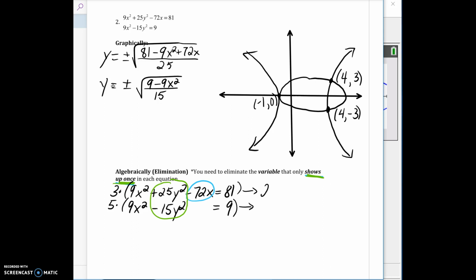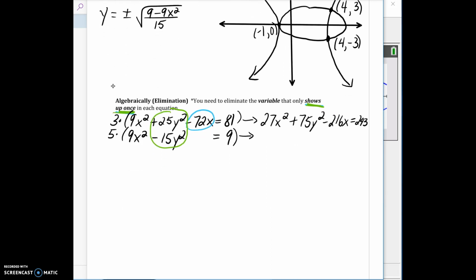And rewrite my equations. 27x squared plus 75y squared, which will now cancel that out, minus 216x equals 243. What you'll notice here is your numbers might get a little bit large, but with elimination, things should cancel out and you should get a nice result from it. I think this one we actually do have to factor, but it's not a terrible factoring situation when we get there.